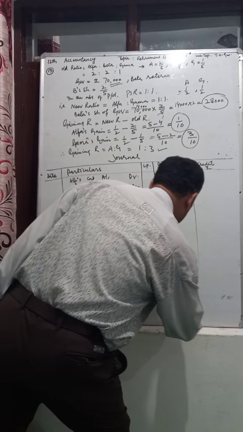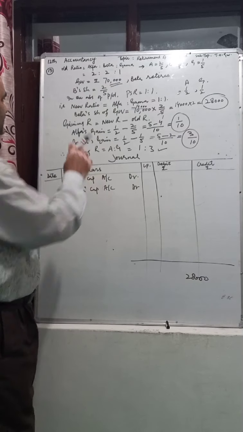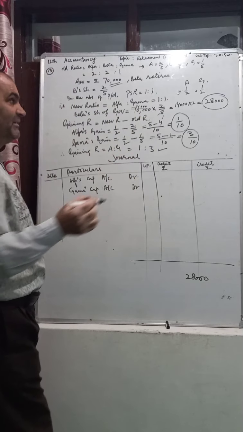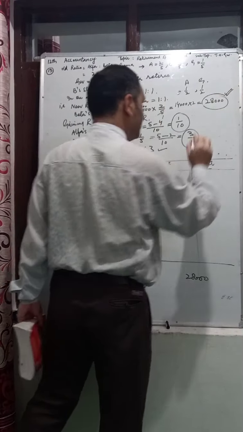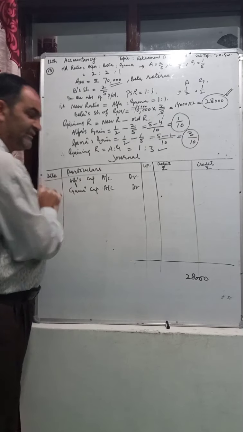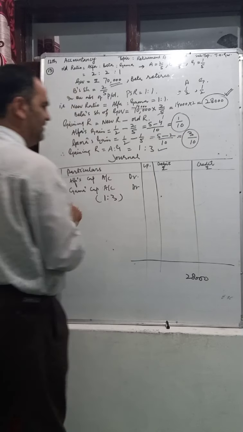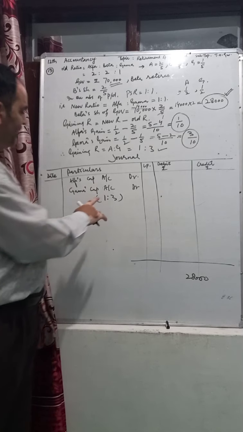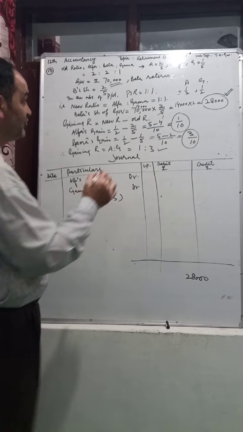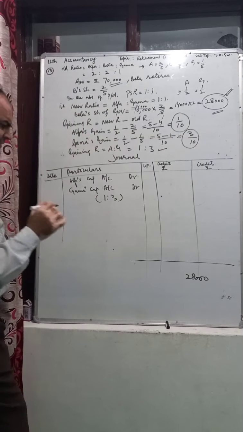Let's have a little bit of working note here. The total share of goodwill of Beta after his retirement is 28,000. We have to distribute this 28,000 among these two partners in the ratio 1 is to 3, that is the gaining ratio. We have to distribute this 28,000 among these two gaining partners in this ratio. Let us have an example.